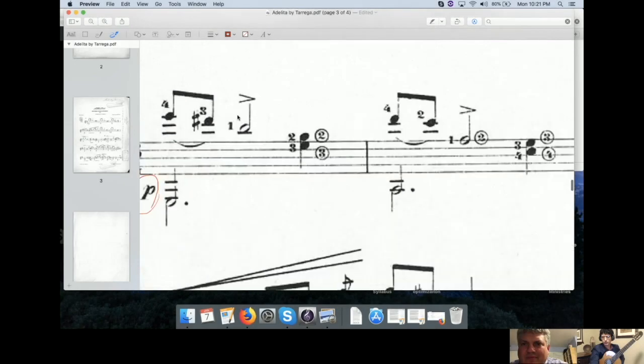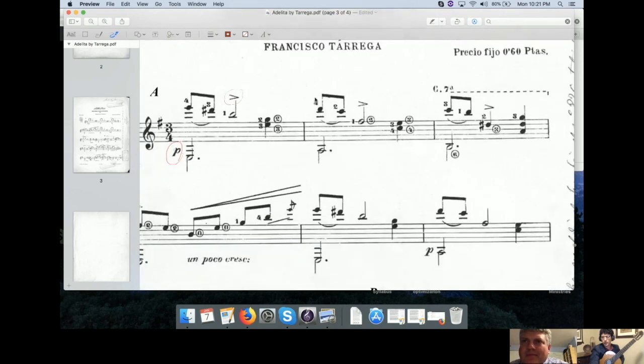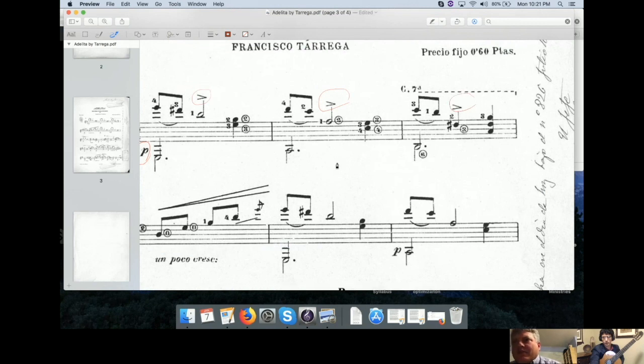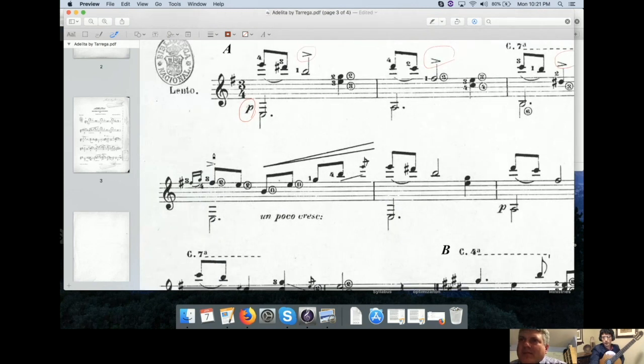So we see the accents on the second beat. Yep. Quite frequent in the first three measures here. They're not done. So in the fourth measure, we have an accent on the first beat. So there's a shift there, which is important to consider. We also have that ornament. Yep.